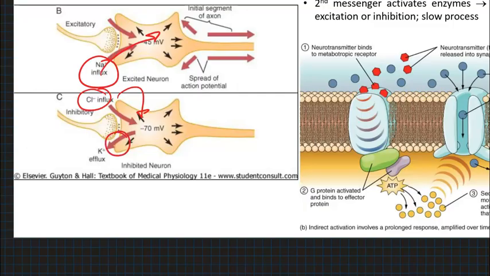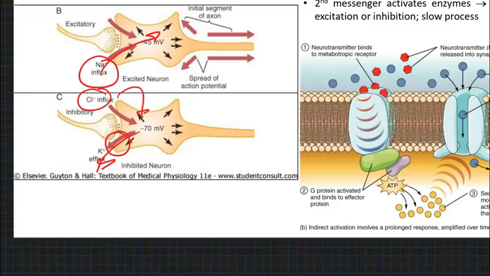If it's a receptor that opens the channel for potassium, potassium will diffuse out because its concentration is greater inside, so it will go out towards its lower concentration. Does that make sense to you?